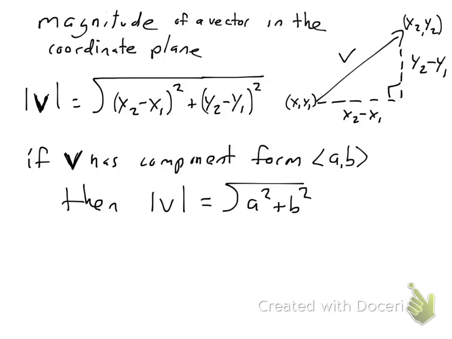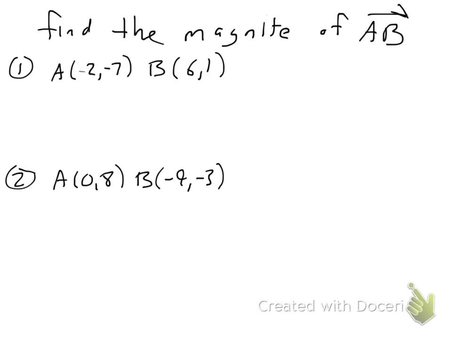Okay, moving on. So I want you guys to find the magnitude of AB. I do have both of these in rectangular form, right? So we have to put it into component form. So we're going to do it the two different ways. We'll straight up, we're going to use the points in the formula. So in this case, I want the absolute value of vector AB. And so we could go through the whole process.